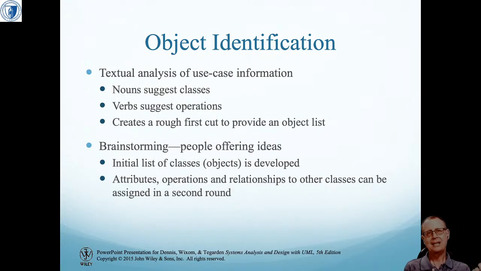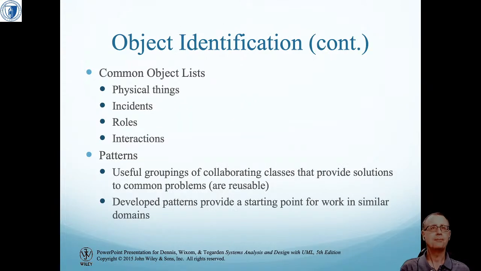We've talked about how to figure out what the objects are. A way of doing it is looking at all the nouns in the text we have about the system. It also helps to brainstorm, right? Both to find classes, but also to find the attributes, the operations, and the relationships when you do that.